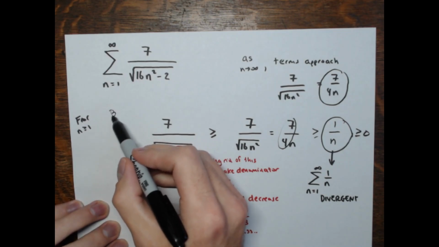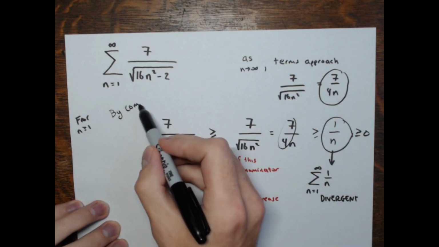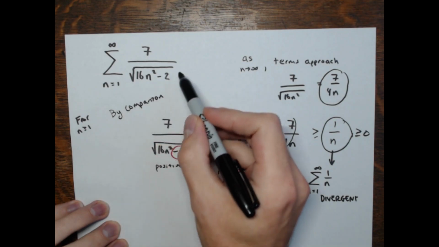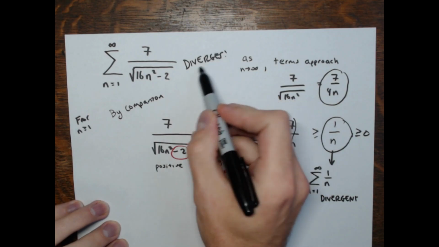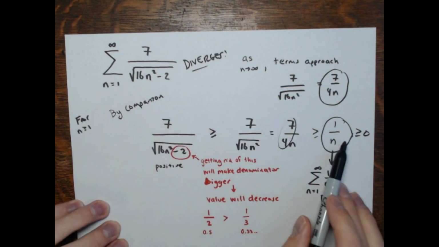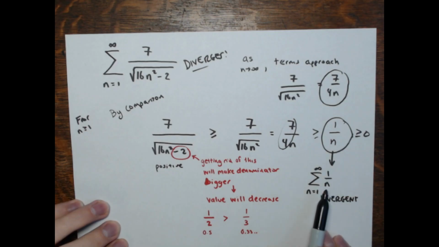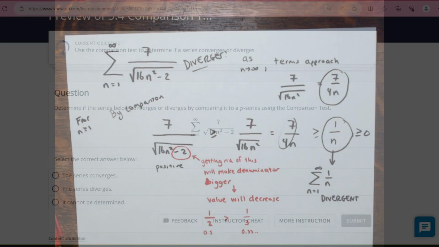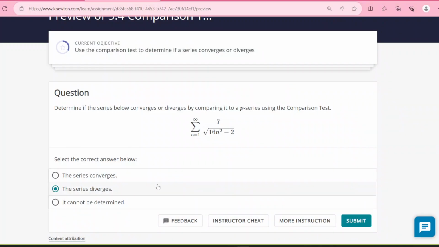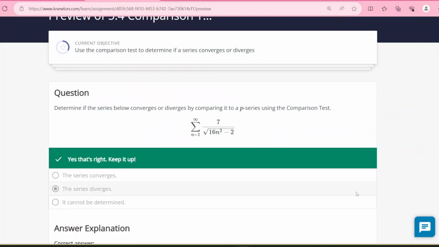So by direct comparison, this diverges as well, this sum that we were given, because all the terms of this sum are bigger than the terms of the sum of the 1 over n's. And again, if the smaller term sum is diverging, the larger term sum must also diverge. Right? So the series diverges by direct comparison.